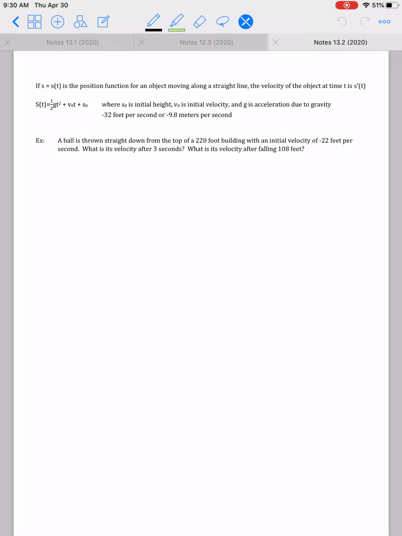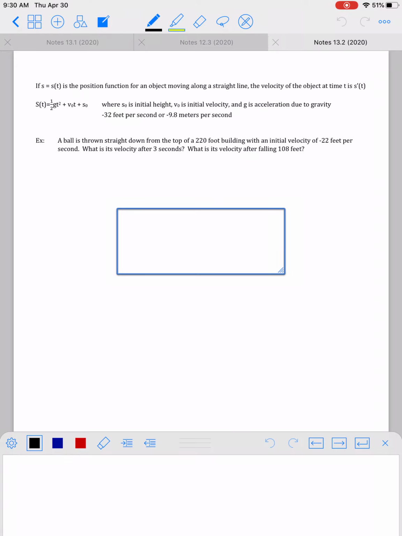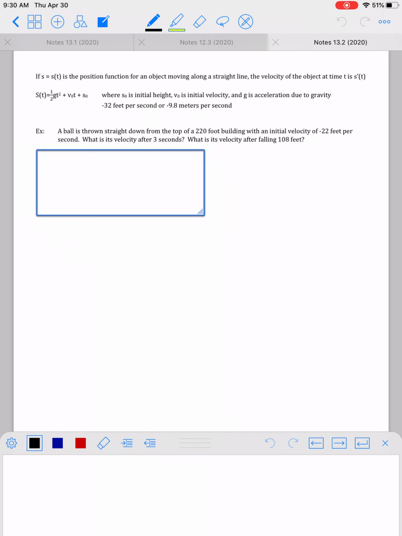And the first thing it says is that we're thrown straight down from the top of a 220-foot building. We're going to build our position function based on what we see here. So we're going to use our model. So s of t, we're going to take 1/2 times the acceleration due to gravity, which since we're in feet, is negative 32 feet per second squared, times t squared, plus the initial velocity, and ours was negative, so negative 22t, plus the initial position height, which is 220.